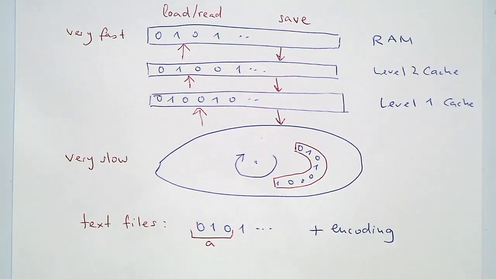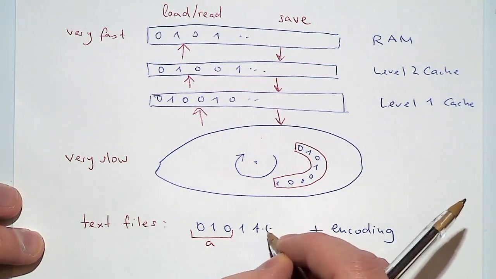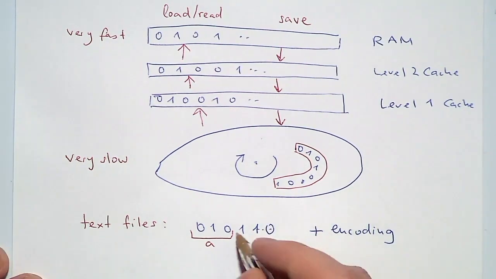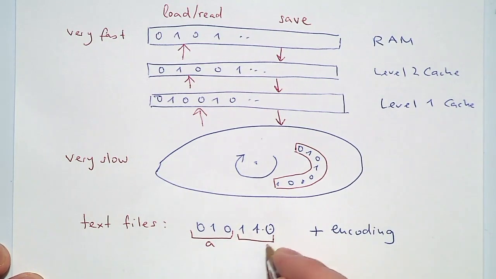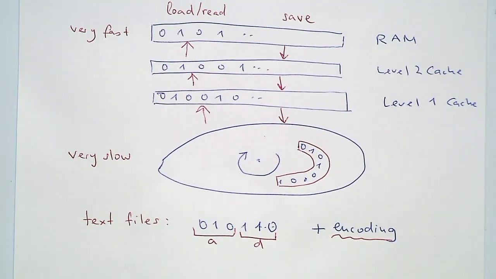Right? And we could also agree that when I see some other sequence, let's say this one, 1, 1, 0, this corresponds to some other letter, let's call it D. Okay. But this agreement, this mapping between sequences of zeros and ones and characters, that's what is called an encoding. And we can only make sense of text files when we agree on the encoding.